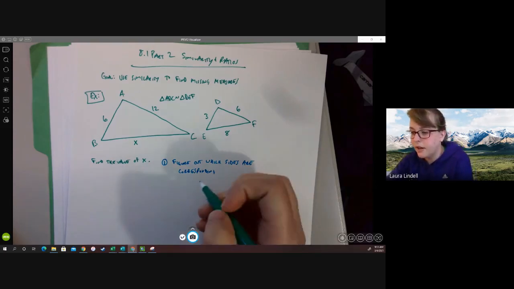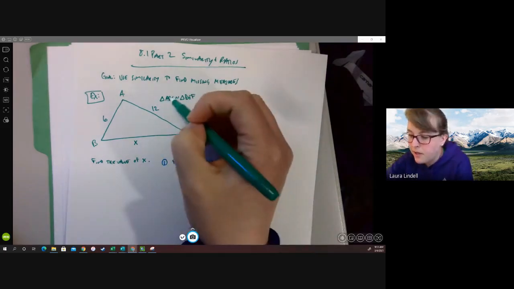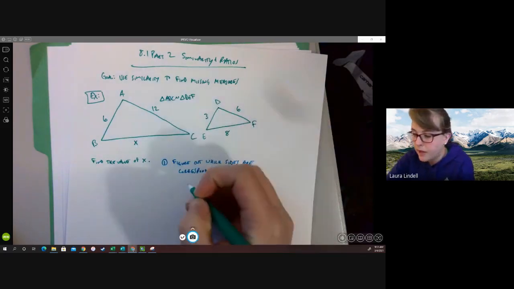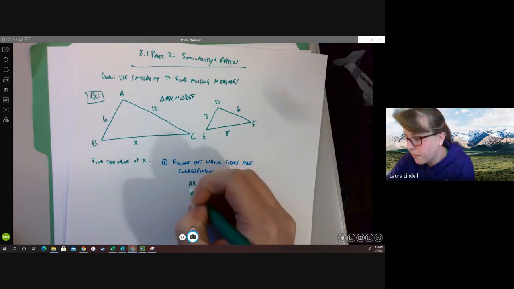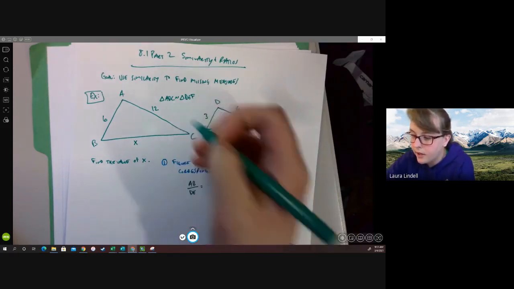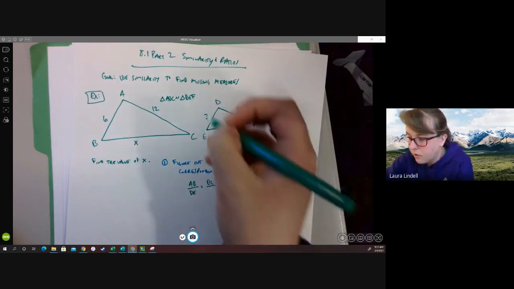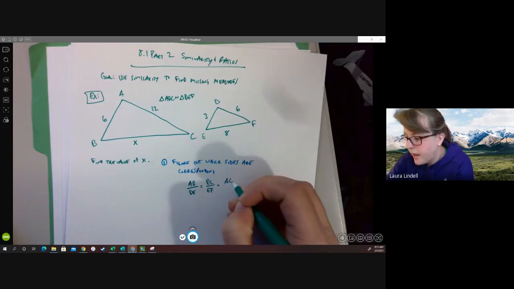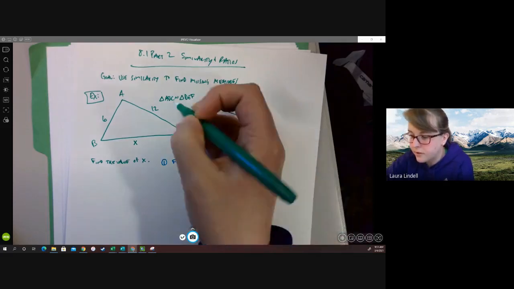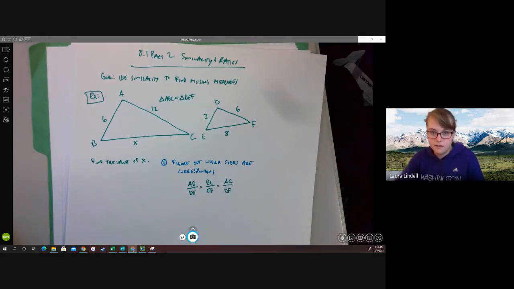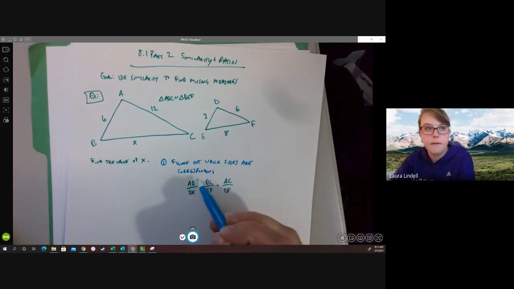So remember, like yesterday, we saw the whole AB comes first and DE comes first. So we put AB over DE. That's what we're looking to do here. We want to set up something like this: AB over DE, and then BC over EF, since those are the last 2 letters, and then AC over DF, since it's the first and last and the first and last. So that's step 1, set up something kind of like this.